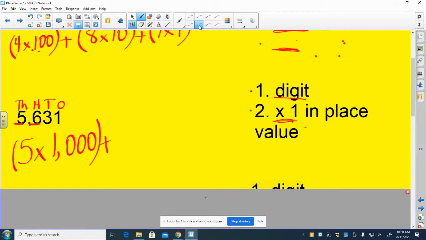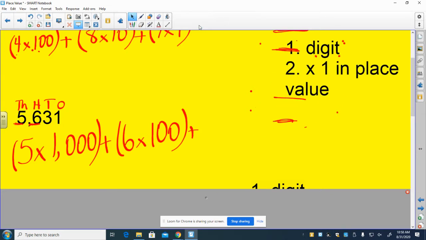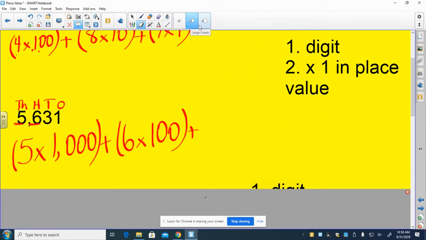Plus, the next digit I have is a 6. Start my parenthesis. Times, and it's on 100th street. So a 1 on 100th street is 100. Close the parenthesis. Put a plus sign. Move this over here because I'm going to run out of space. The next digit is a 3.